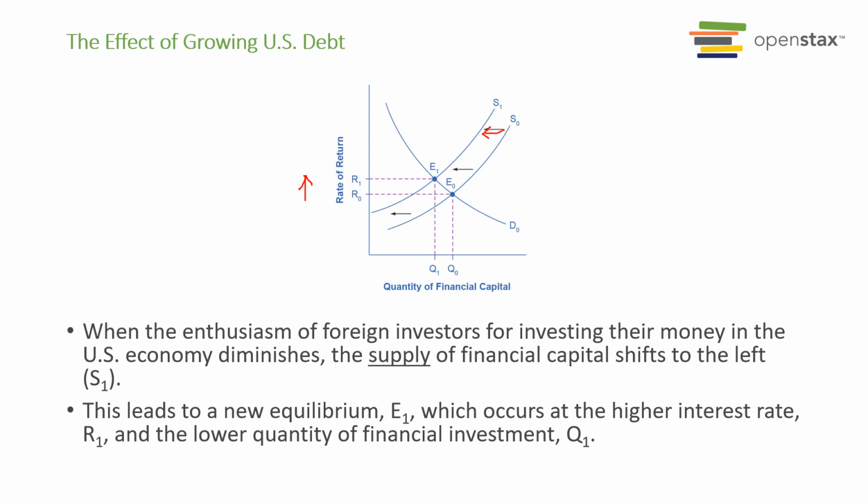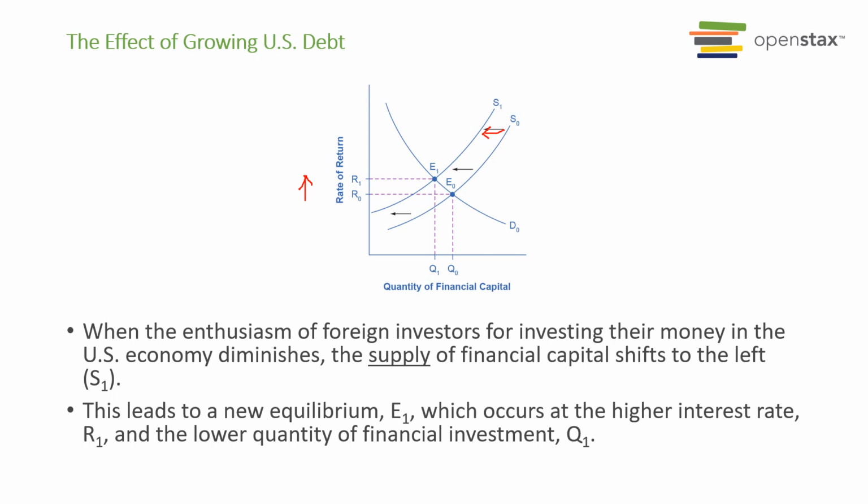Because if you are also supplying financial capital, when the foreign investors don't give money to the US government anymore, then you as an investor are going to be better off, because now there's less competition for your money, and you're going to see a higher interest rate for the money you save. But for everybody else who borrows money, that's terrible news, because we're going to see a higher interest rate when you borrow money.